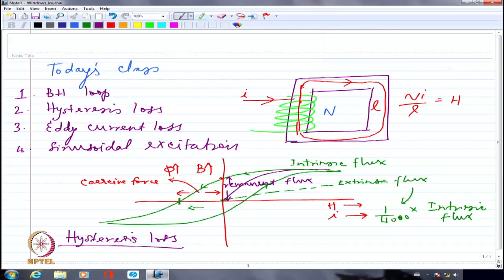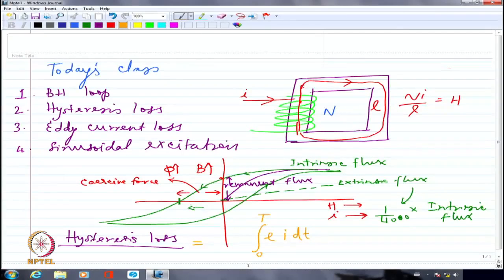If I try to calculate what the hysteresis loss really is, it should be equal to the integral of EI dt, from 0 to T, if I calculate this loss over one cycle. This is going to be the energy loss, right?